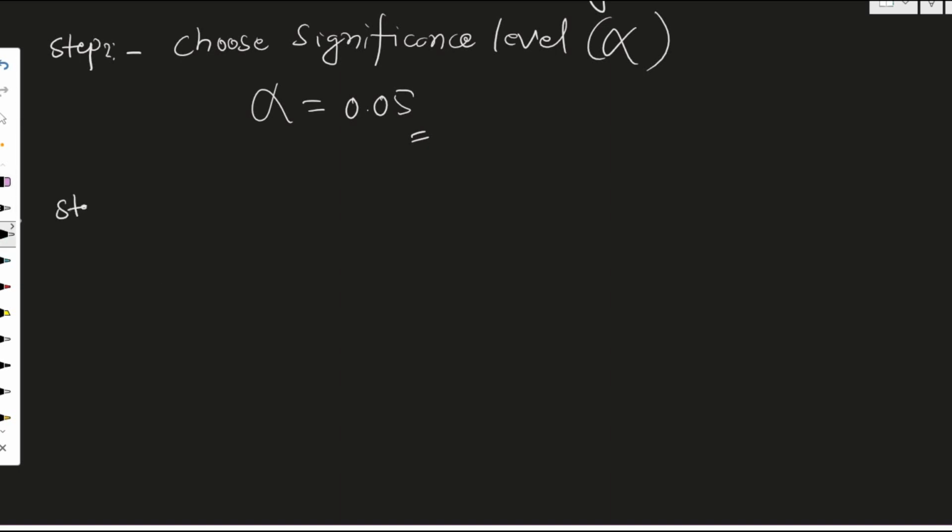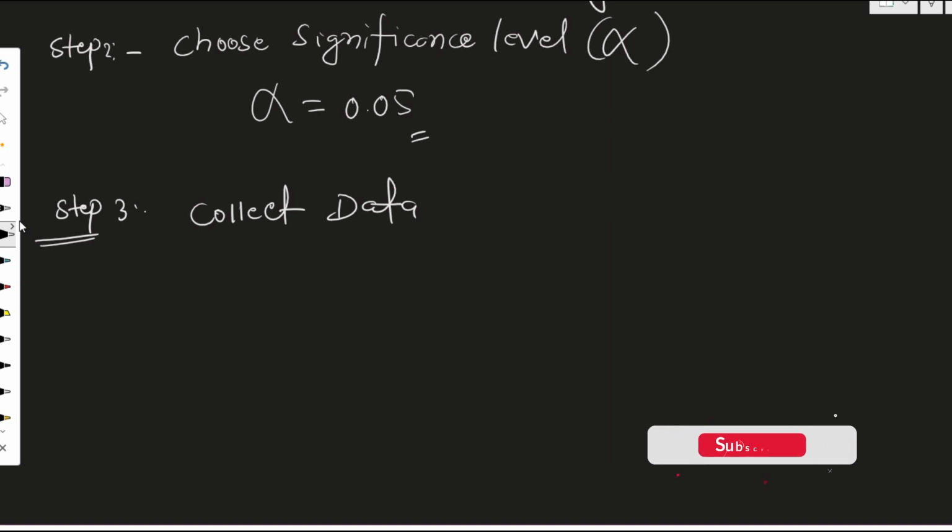Now in step 3, we collect data. In this problem statement, as the company is claiming that it is going to reduce the BP at least by 10 mmHg, we have to collect the sample data.